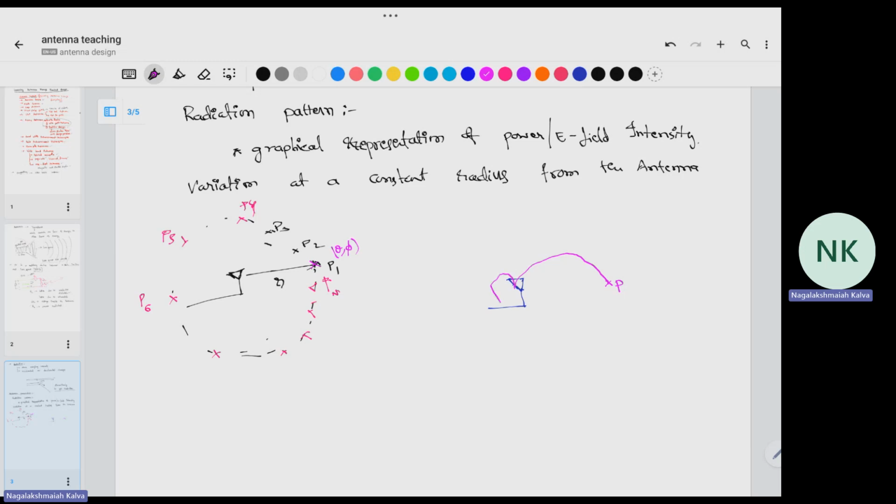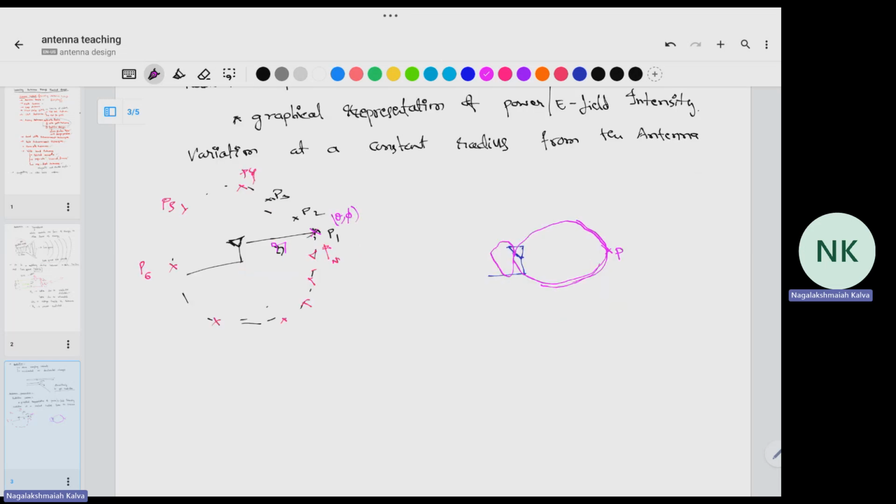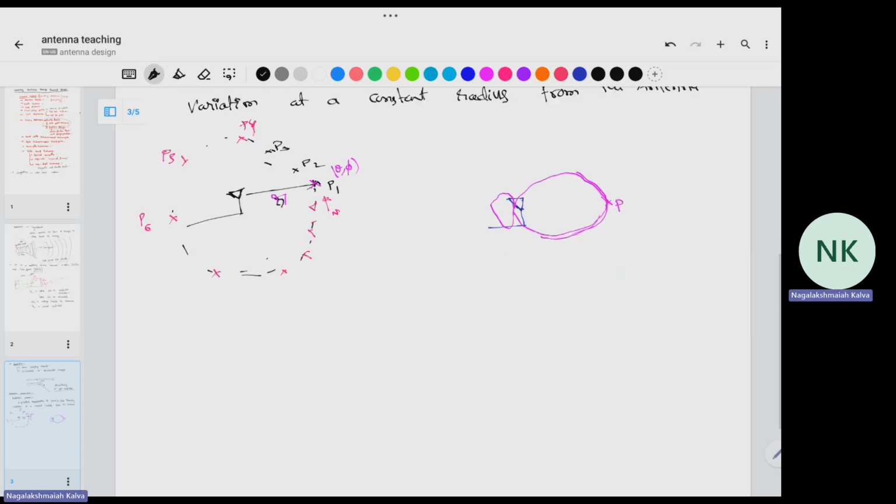You might end up like this. So this is a pictorial representation of the intensity over a constant distance r, and in all directions of theta and phi. This shows the basic antenna radiation pattern.